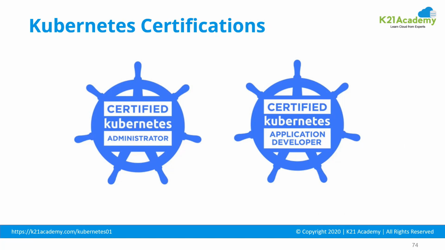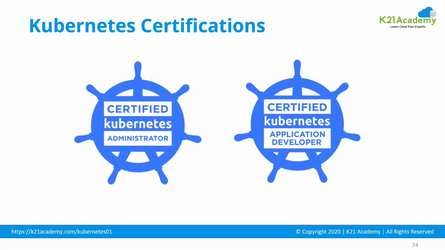Now, if you're working on Oracle Kubernetes, I highly recommend you understand Kubernetes in depth. And the best way to learn is by going through a Kubernetes certification. This is a hands-on lab type certification. It's not your typical multiple choice. You actually have to do the labs.